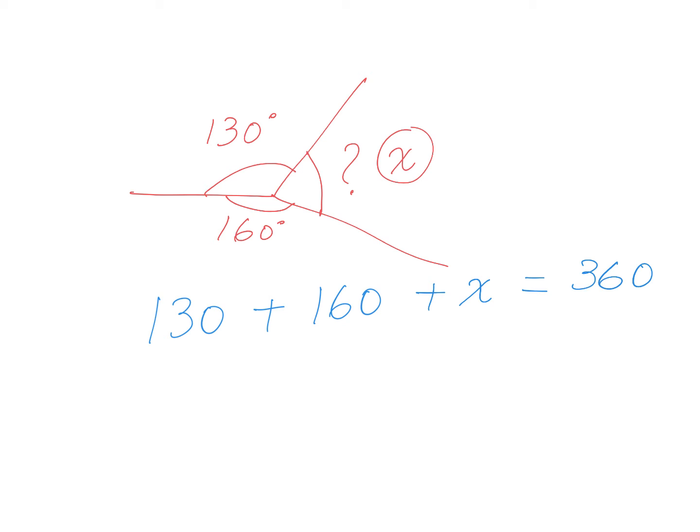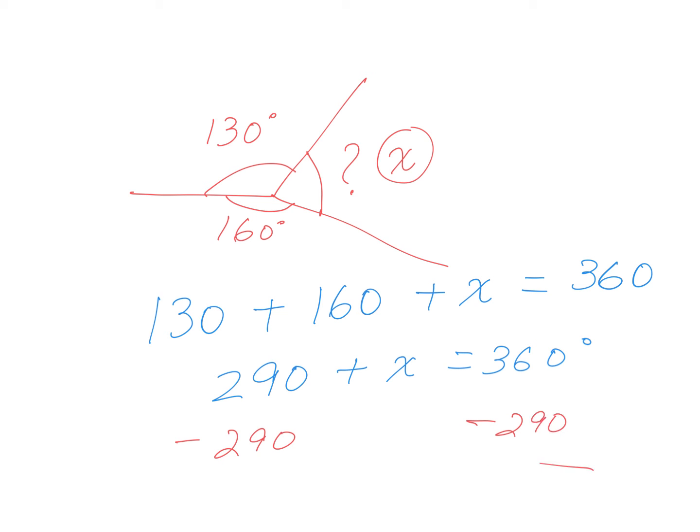Now what's 130 plus 160? It's 290. And then we can use SADMAP, subtract, and we get x is 70. So this angle over here is 70 degrees.